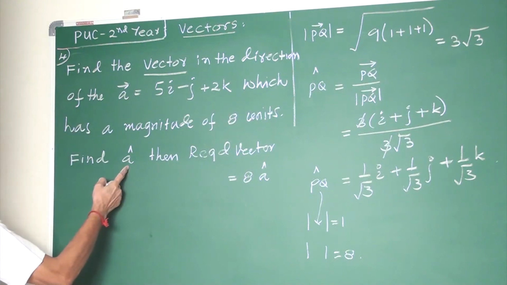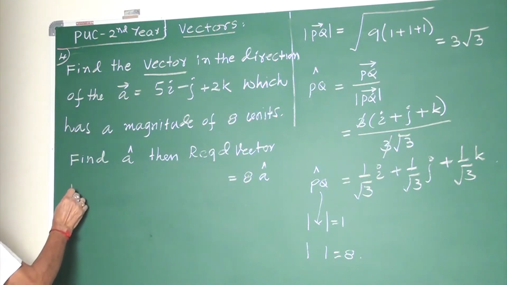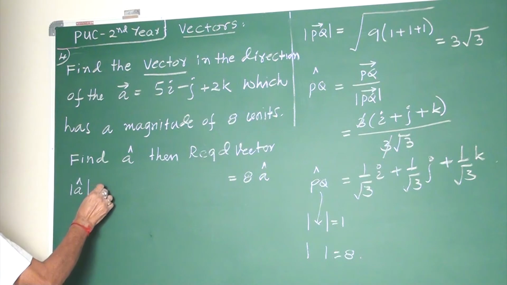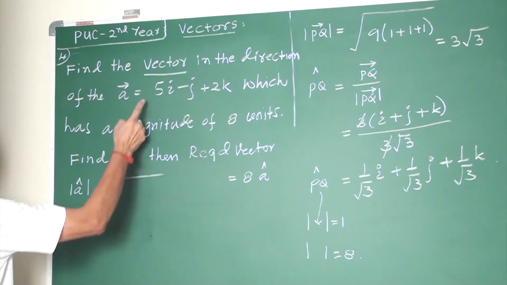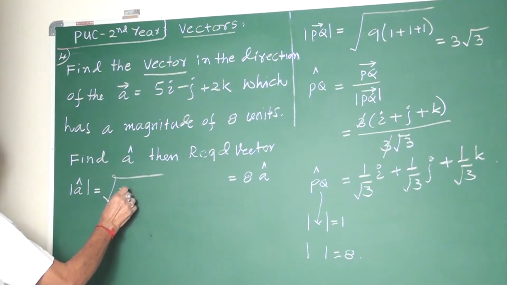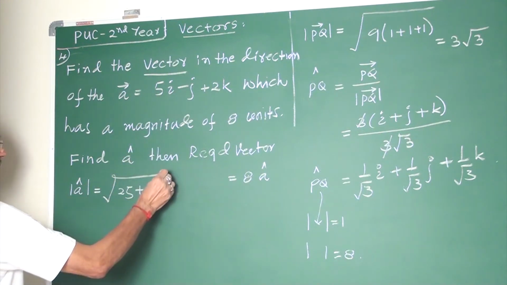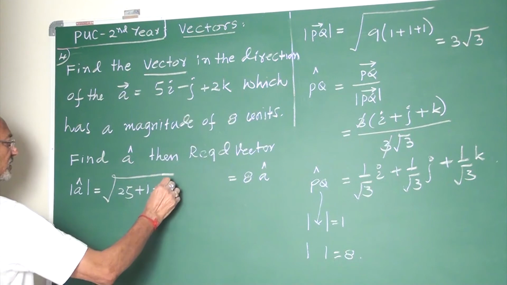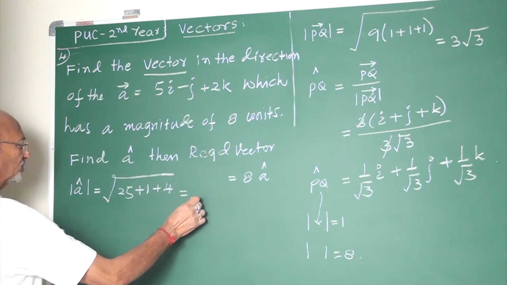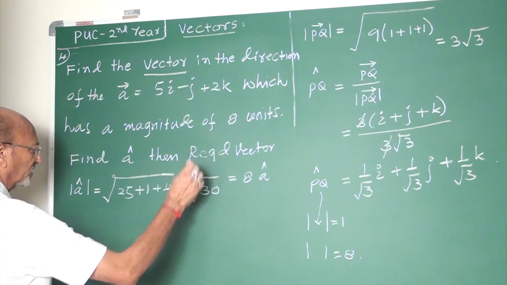Now to find A cap, first you have to find the magnitude of A. This is the square root of 5 square plus minus 1 whole square plus 2 square, which is 4. So it is the square root of 30.